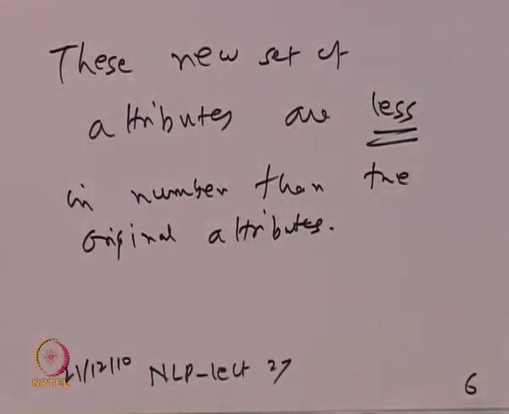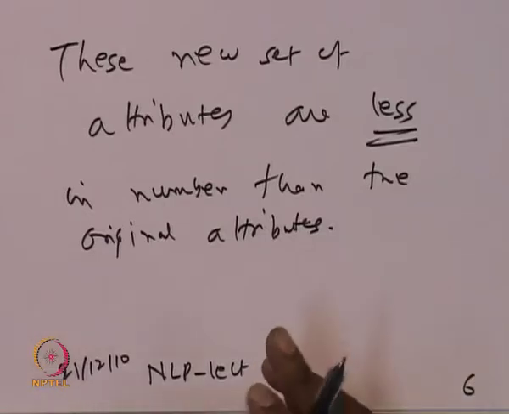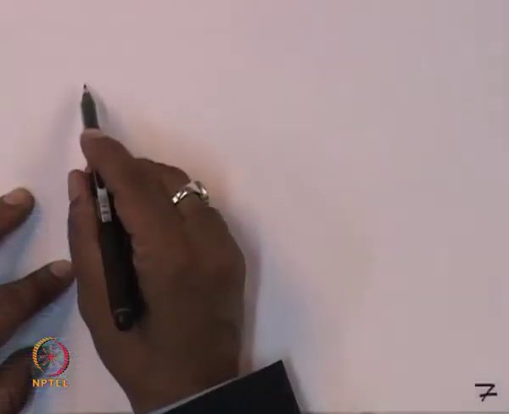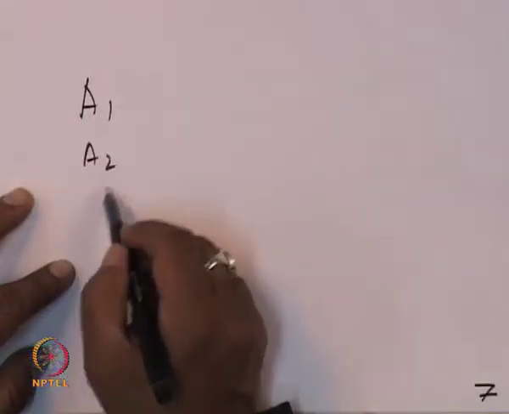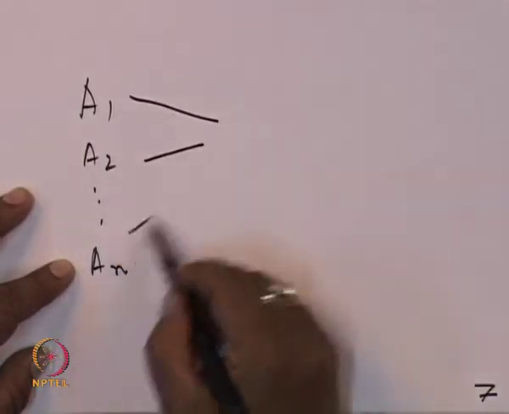So, this is the fundamental of dimensionality reduction and is at the heart of latent semantic indexing. Let me repeat this: the original set of attributes transform into another set of attributes which are functions of these original attributes. Diagrammatically speaking, you have A1, A2 up to An.